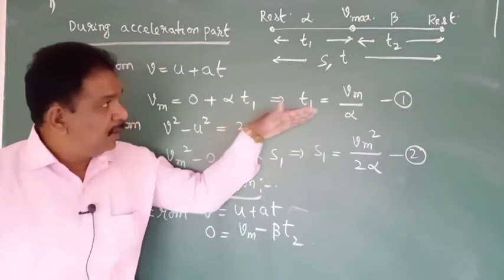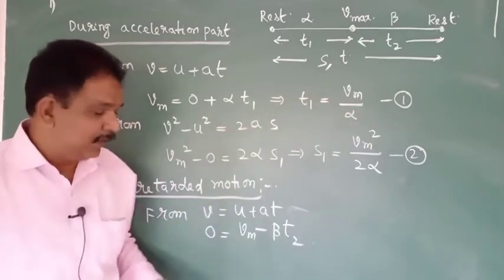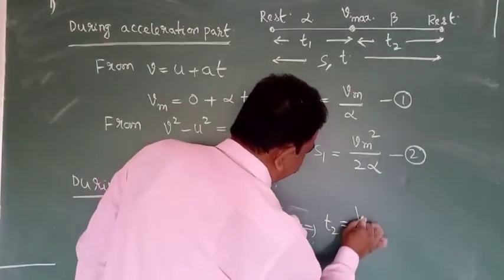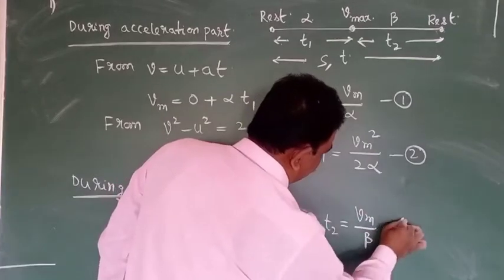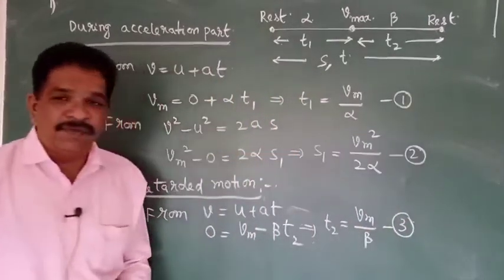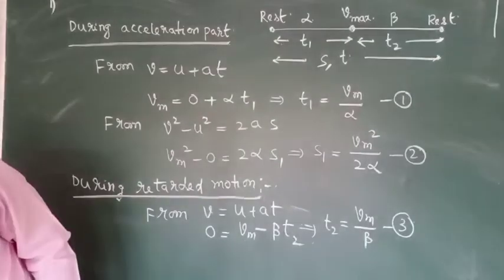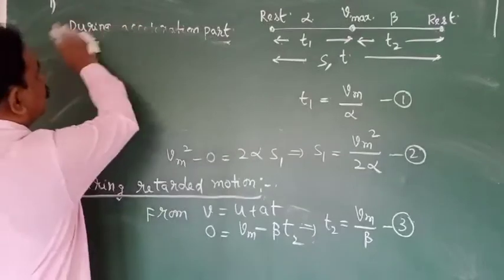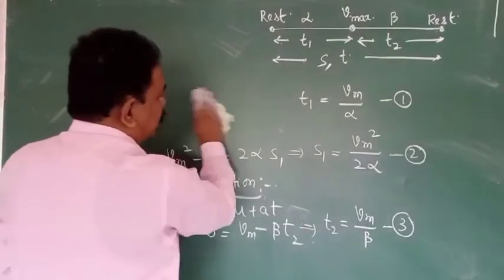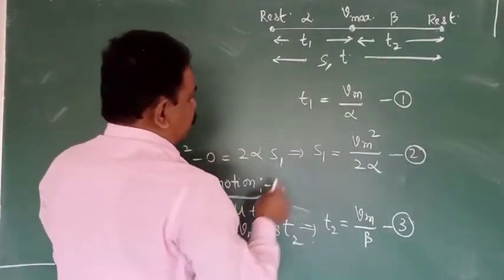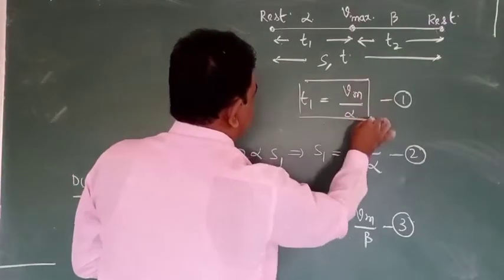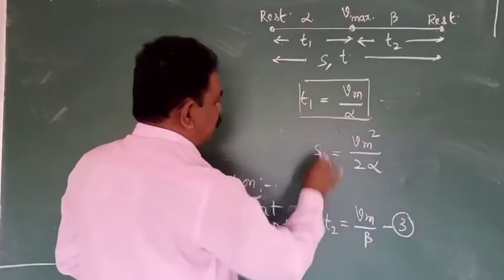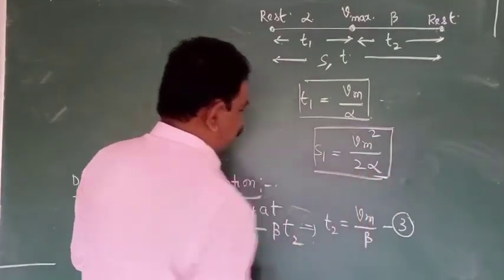Because the body is decelerating. From this t2 is equal to vm by beta. Let it be equation 3. Okay. Next, we'll use these equations. Just remember this. This is second equation. We'll use that.